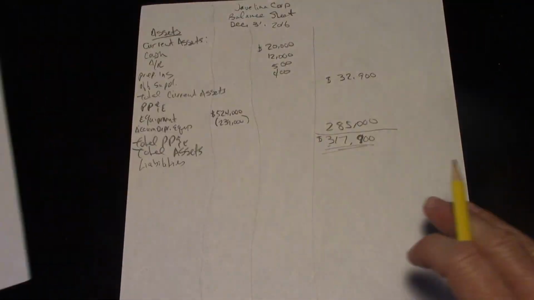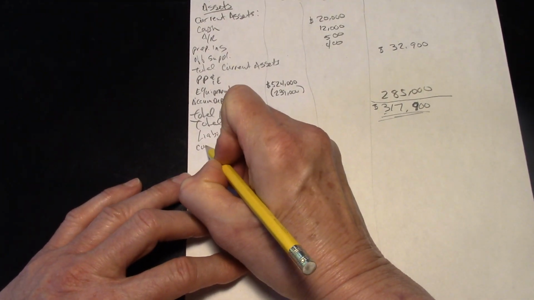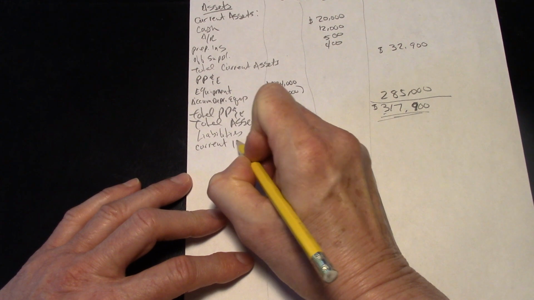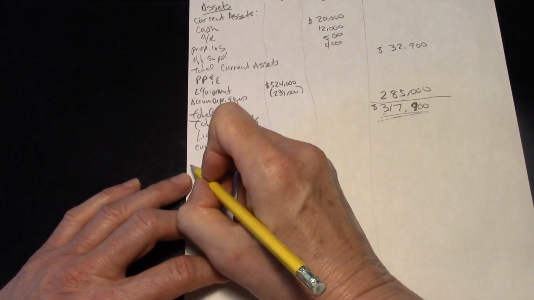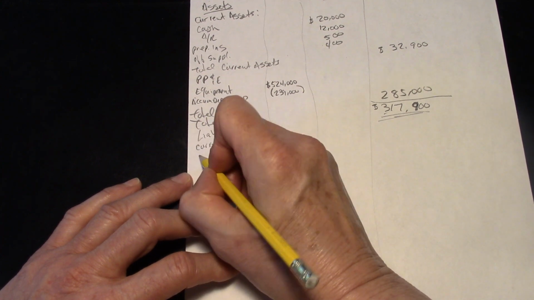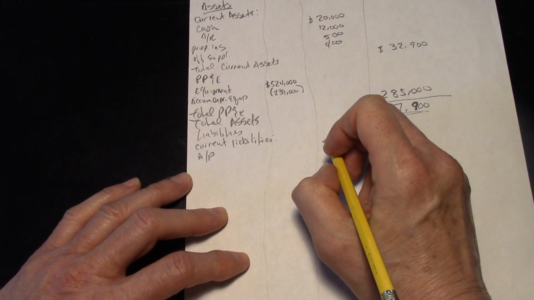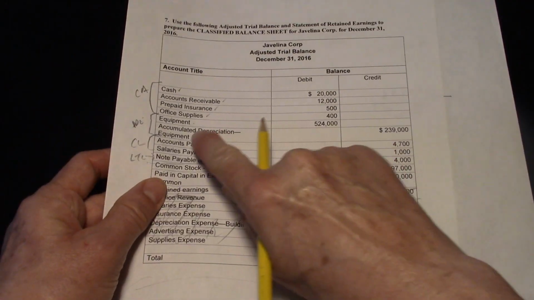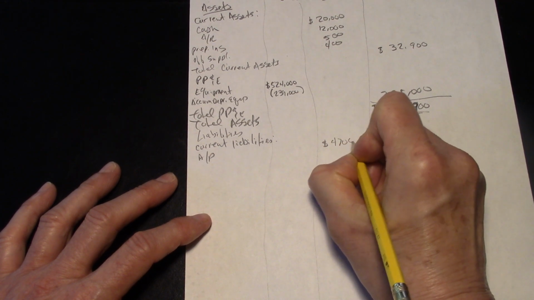All right, so liabilities, and of course this is a classified balance sheet, so we have to give each classification. Current liabilities first. The first one is accounts payable, 4,700.